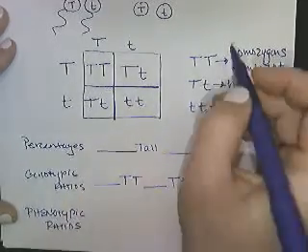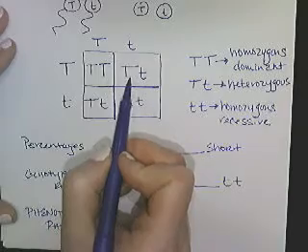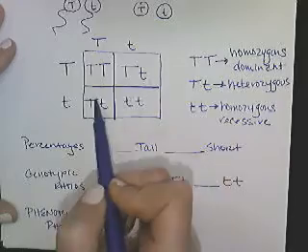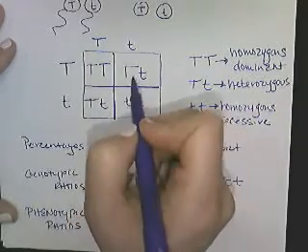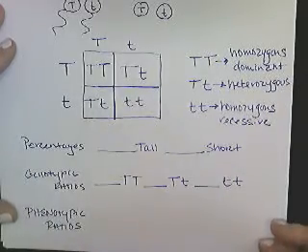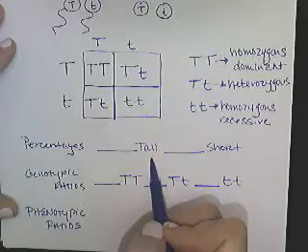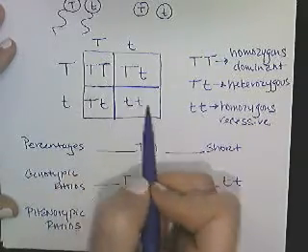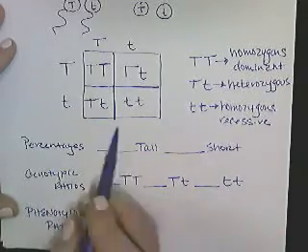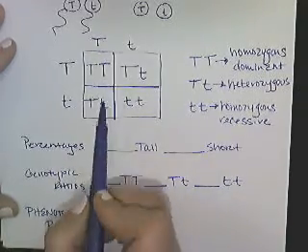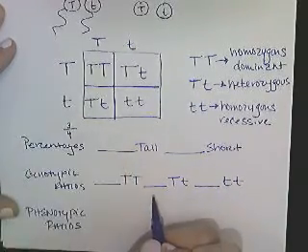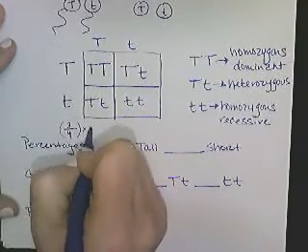Well, because this is a completely dominant trait, the uppercase T, or the dominant allele, will mask the recessive allele. Therefore, there are 1, 2, 3 chances of resulting in a tall offspring, versus 1 out of 4 possible chances of resulting in a short offspring. We figure out the percentages by dividing the outcome, 3, by the possible outcomes, 4, and then multiplying by 100%.